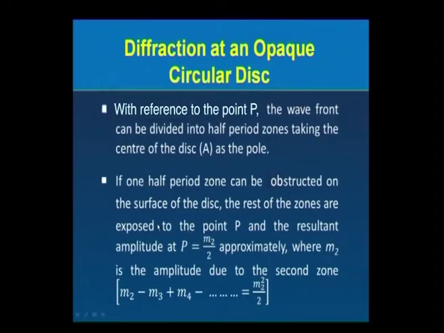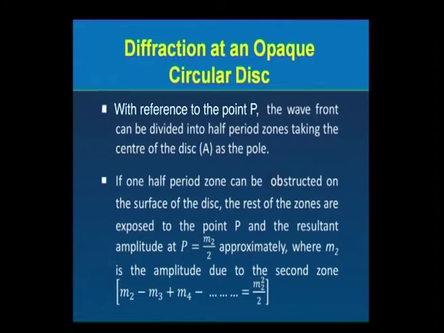As I told you, two things ought to be kept in mind: the displacements caused by the light coming through the first, second, third half period zones, whether even number or odd number. The second point is, I told you M1 will be greater than M2, M2 will be greater than M3 and so on, the so called obliquity factor.